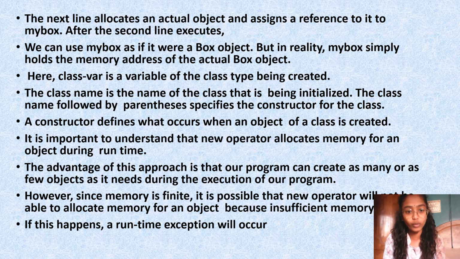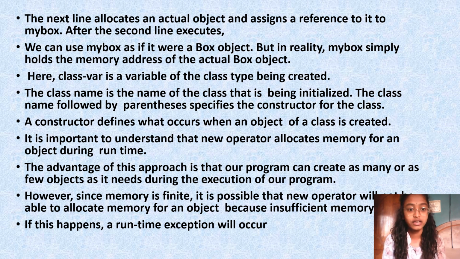Here, class-var is a variable of the class type being created. The class name is the name of the class that is being instantiated. The class name followed by the parentheses specifies the constructor for the class. As we know, a constructor defines what occurs when an object of the class is created.